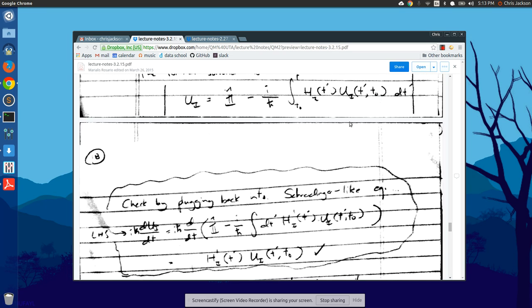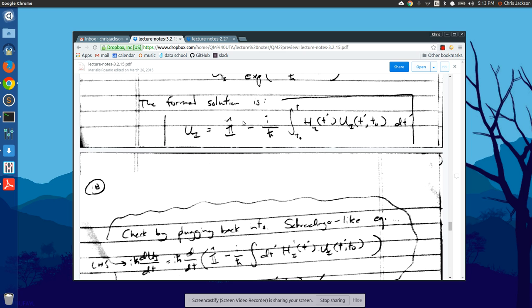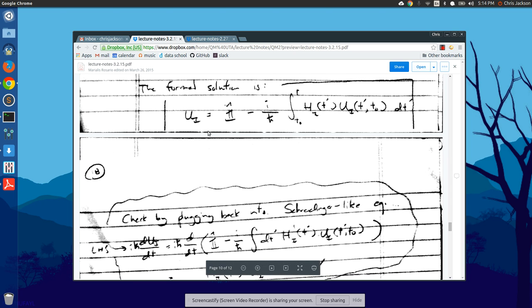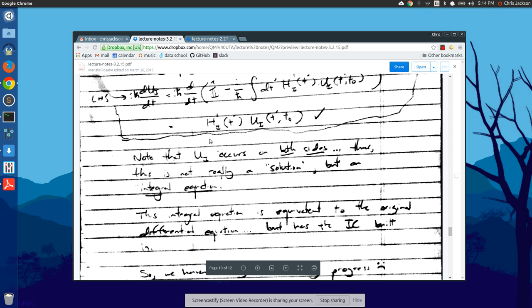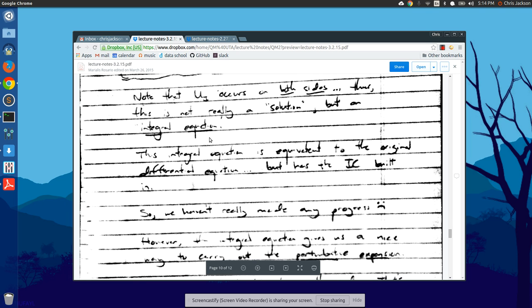Okay, so the problem here is that this thing is, in the technical sense, not really a solution because UI appears on both sides, right? So what we're going to have to do is expand this term in a perturbative series, and then do the normal thing of matching orders. Okay.